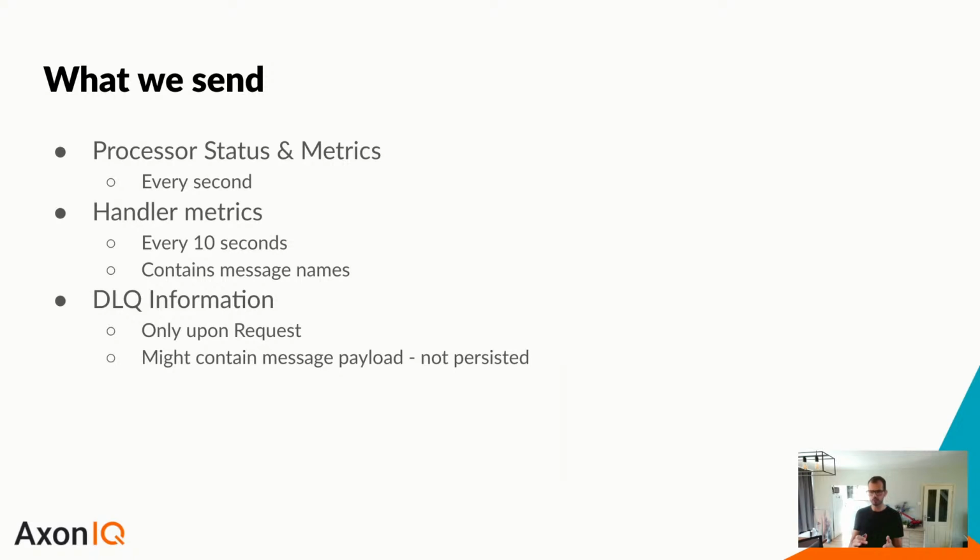So whenever an event is being handled, that event is being timed on multiple properties, and those will be sent. Also, if you have a DLQ, upon request, we can retrieve a message for you from your application. It might contain a message payload, but it's the way it was serialized in the database. So if you use the data protection module, for example, we will not get the personal data, but there is a chance, so I just wanted to let you know.